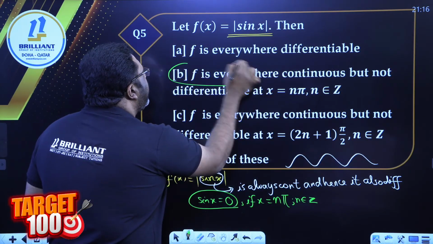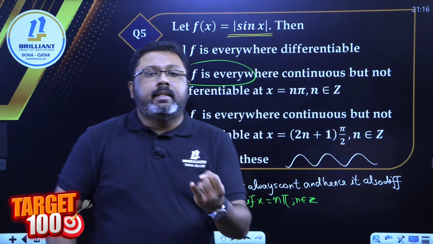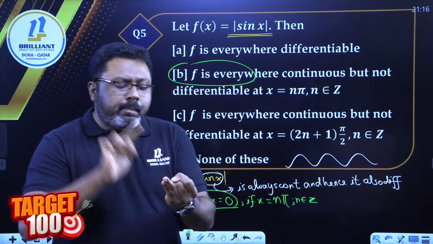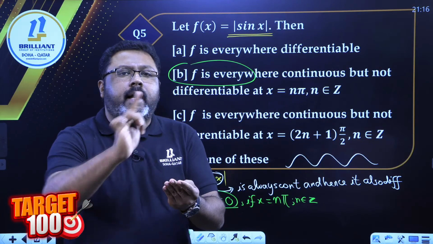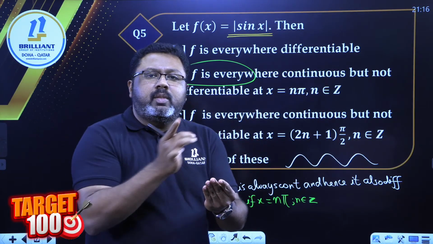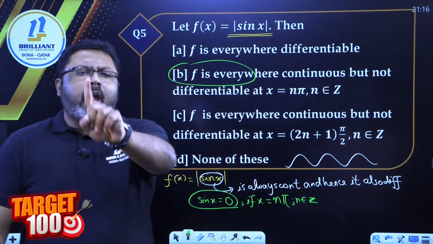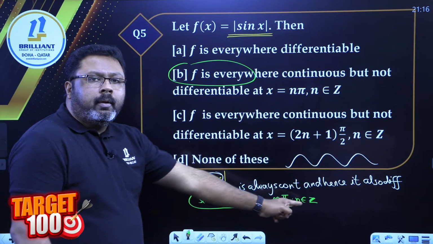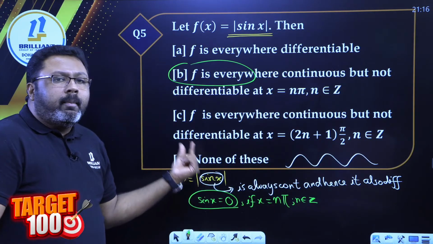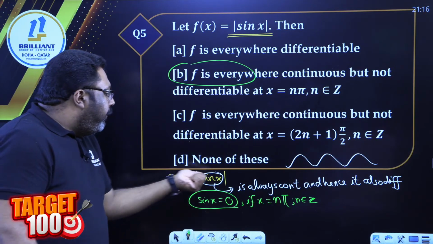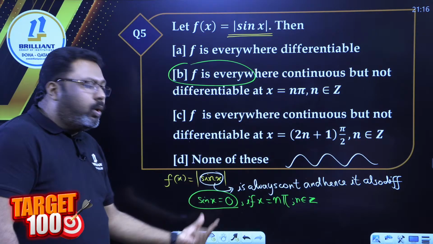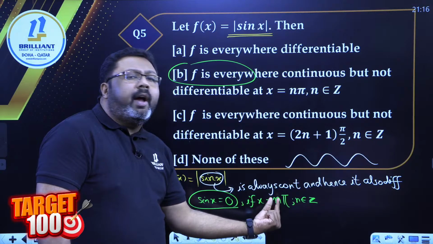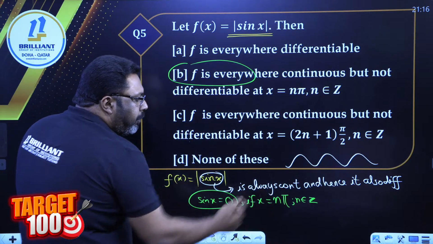Option B. What is the reason? Sin 0 pi, sin 1 pi, sin 2 pi, sin 3 pi, sin minus 1 pi, minus 2 pi, every value is 0. So the modulus becomes 0 if sin x becomes 0, and sin x becomes 0 for n pi. So what would you say then?